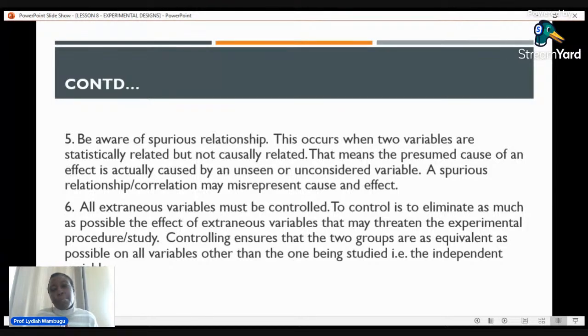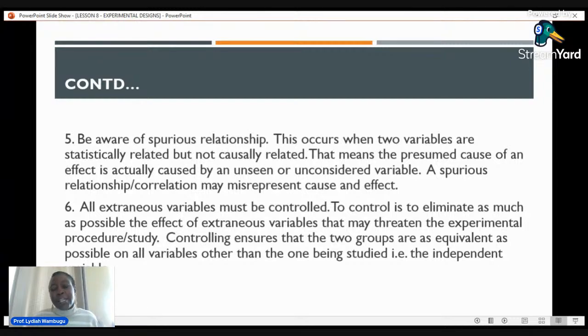Let me give an example. You normally hear people saying that smoking causes lung cancer. You know, the question is, why do people who don't smoke get lung cancer? So are we sure when we say that smoking causes lung cancer? Of course not. So these two variables, smoking and lung cancer, are statistically related, but they have no causality.